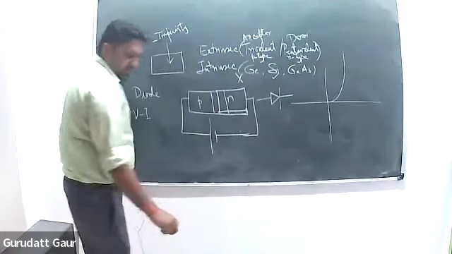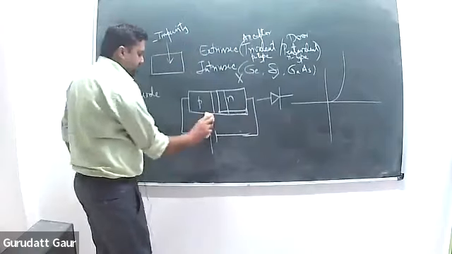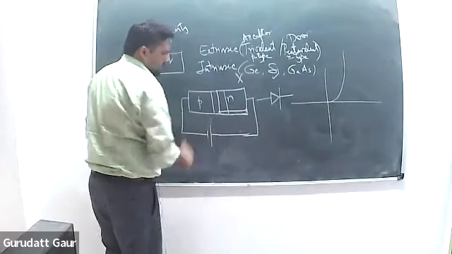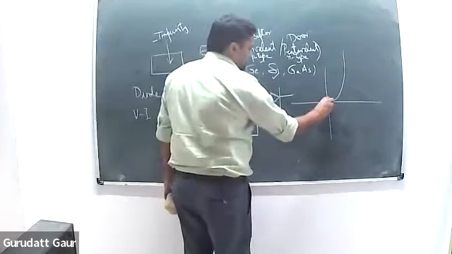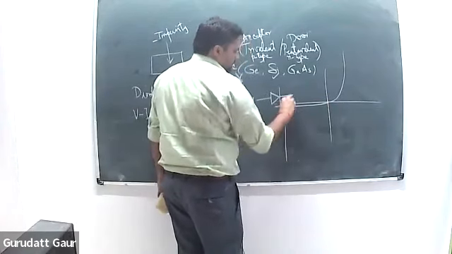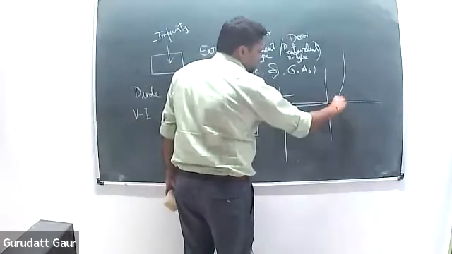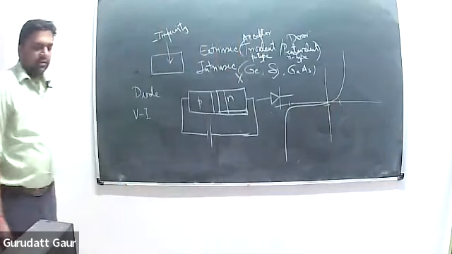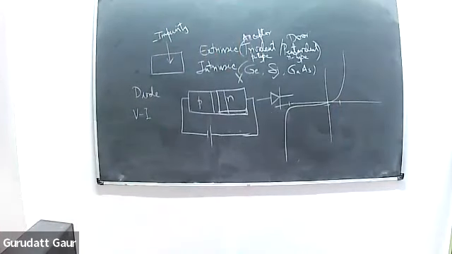Or we can put it in the reverse bias, connecting P with the negative and N with the positive. In that case, the characteristic will be this. So this is the breakdown voltage, this is the reverse saturation current, and so on. These are the properties we discussed.